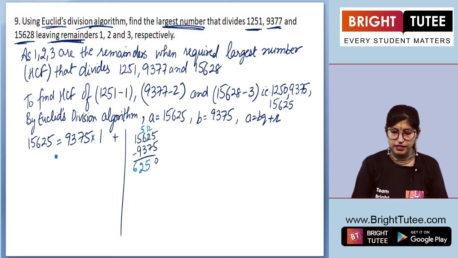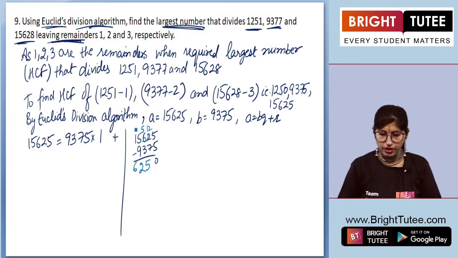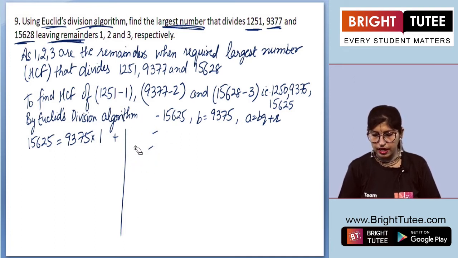So we have 6250, which means the remainder is 6250.